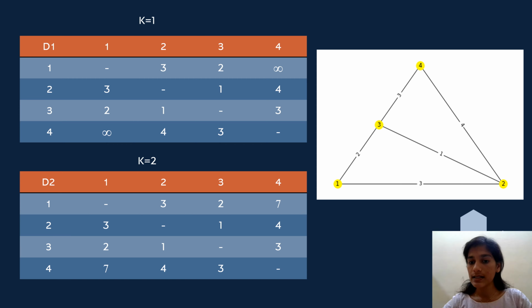So 3 plus 4 is 7 and D1 of 1 comma 4 is infinity. So minimum of infinity comma 7, we get 7. So we will be placing D2 of 1 comma 4 and D2 of 4 comma 1 to be 7.